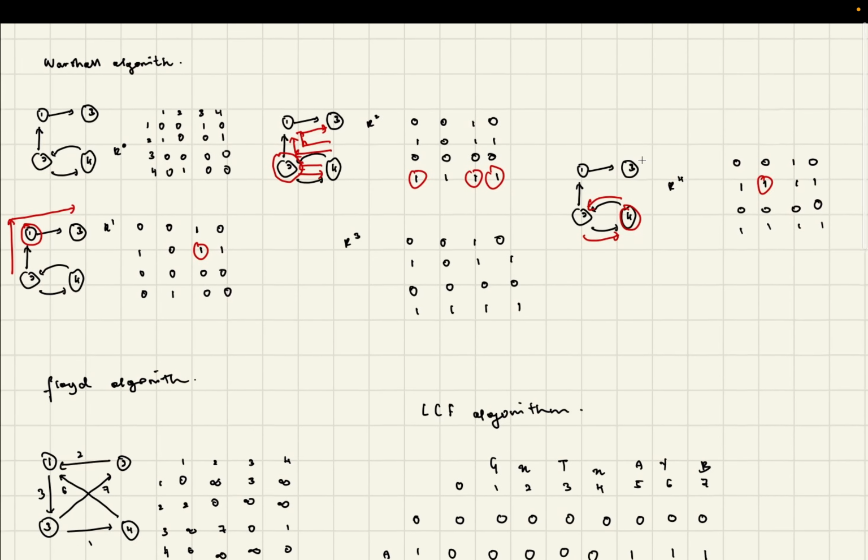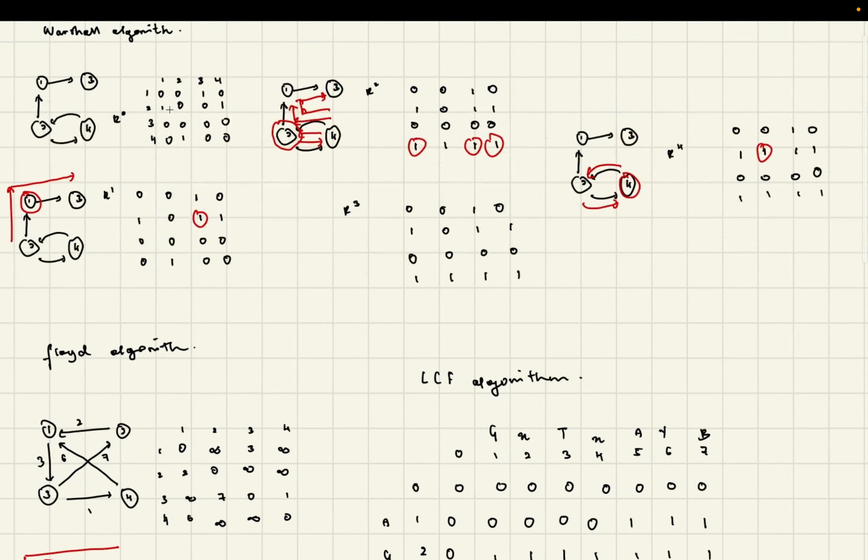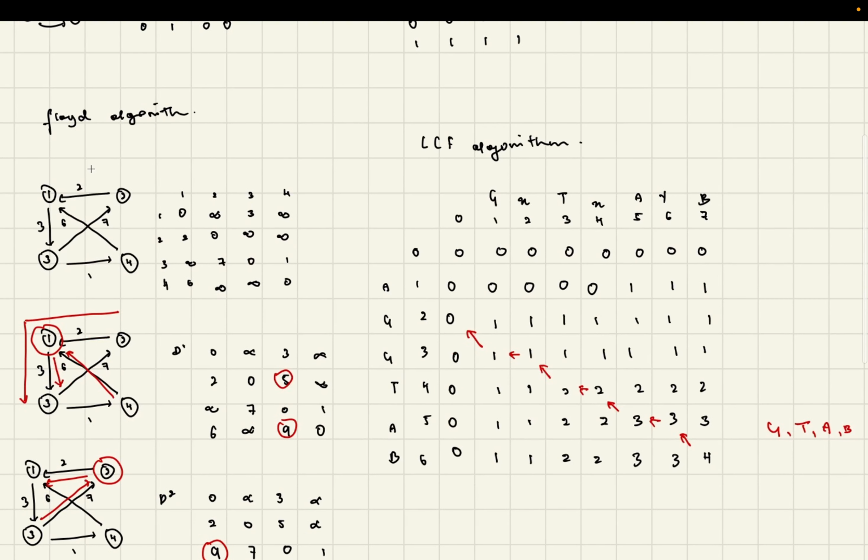So that's all for the Warshall algorithm. For the Floyd algorithm, it's the same as the Warshall algorithm, but the difference is the direction has its weightage attached to it. For example, 1 to 3, the direction has weightage.